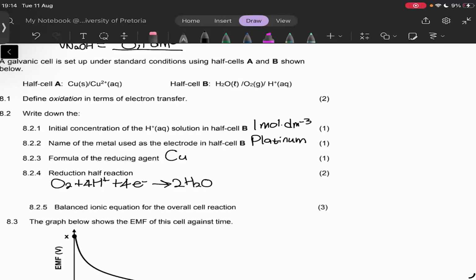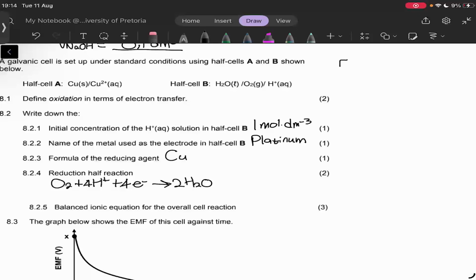Hold on. The reducing agent undergoes oxidation, guys. The reducing agent undergoes oxidation. The oxidizing agent undergoes reduction. Anyways, let's go through how I would go about doing electrochemical cells, specifically the galvanic one.